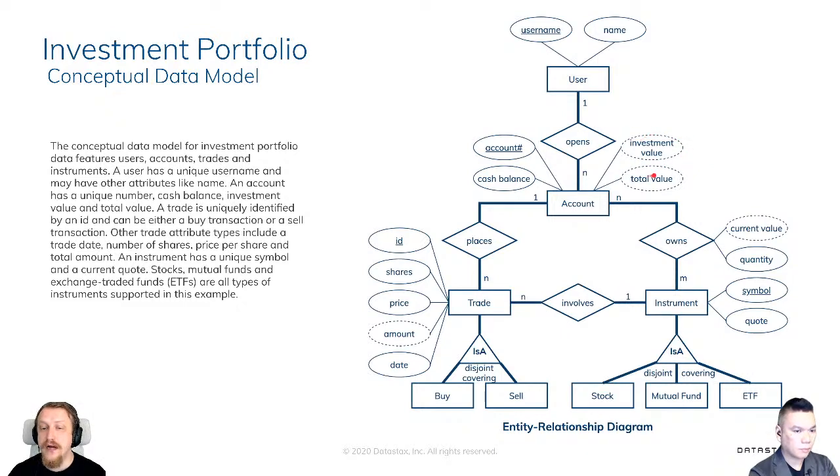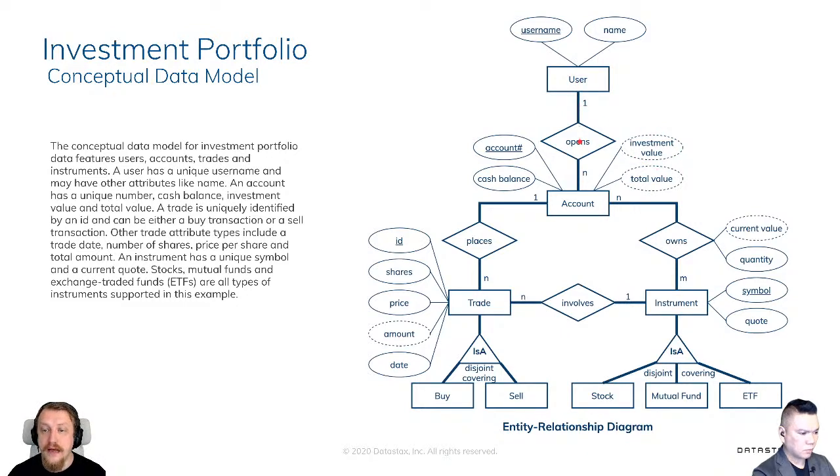Notice those two are specified not in a solid oval, but with dashed lines. That's because they are virtual for me. I will not store them in the database. I don't need them in the database because they will change every second.